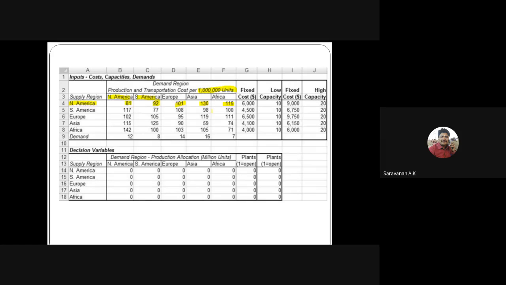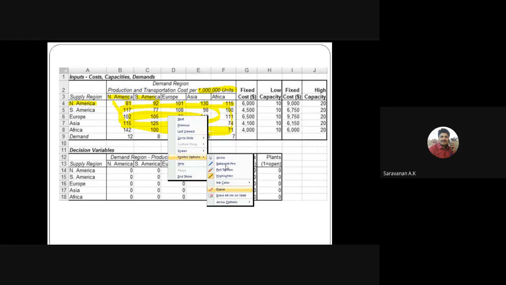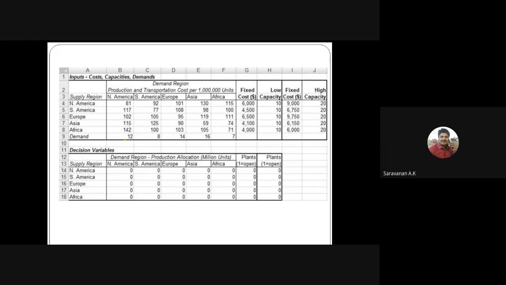So the sales, up to this, and the costs. These are the variable costs. Then the annual demand, region wise.